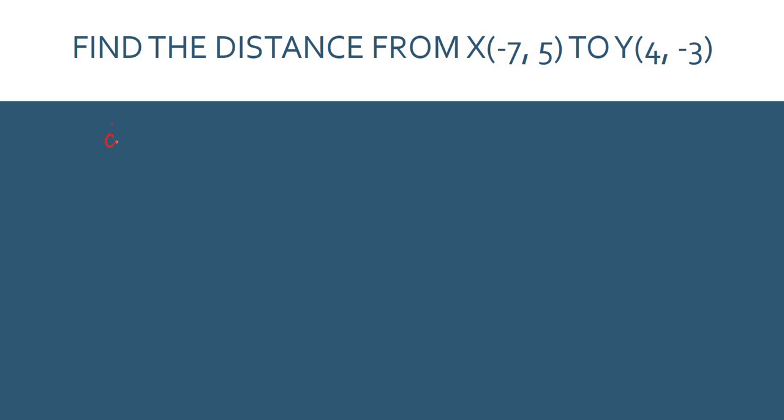So again, my distance formula is the square root of (x sub 1 minus x sub 2) squared plus (y sub 1 minus y sub 2) squared. Let's say x sub 1 and x sub 2 for our two points.